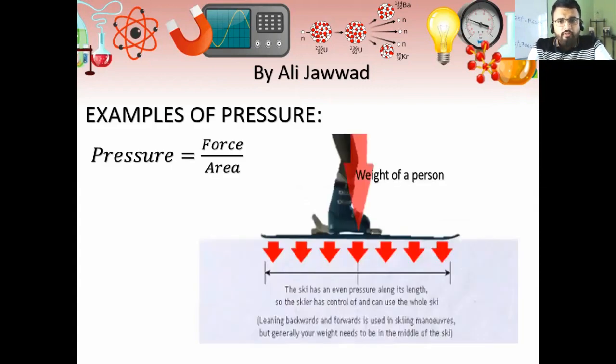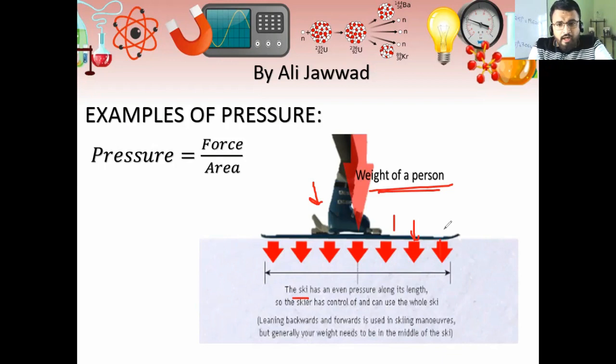The weight of a person who is skiing on the snow is enough that the feet of the person may sink deep down into the soft snow. But the ski helps and does not allow the person to sink into the snow. And how is that possible? Because the ski receives the weight of the person and distributes it over a flat area.